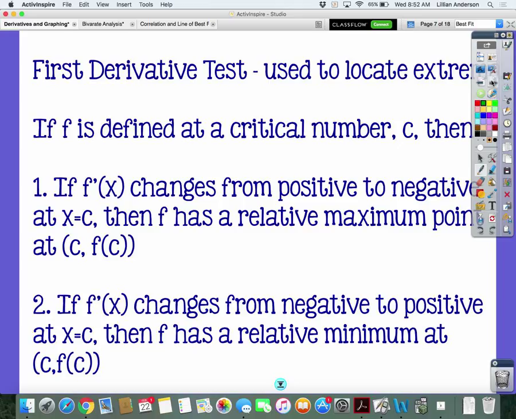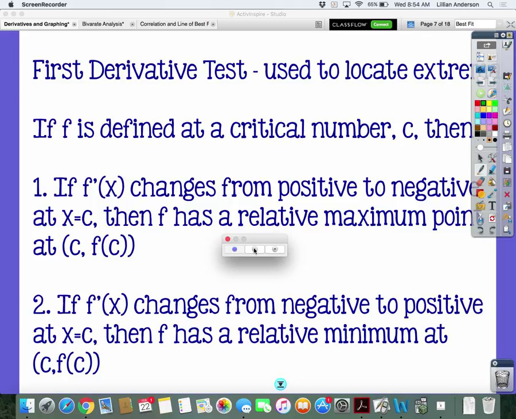And vice versa, if the first derivative changes from negative to positive at x equals c, then f has a relative minimum at c, f of c. So basically you're going to use the first derivative to determine your extrema. To use the first derivative test, clearly you need to know what the first derivative is.